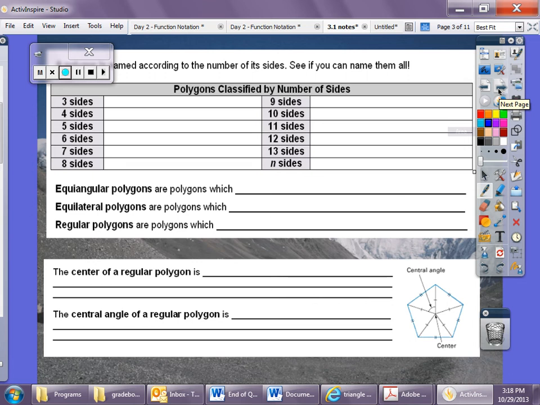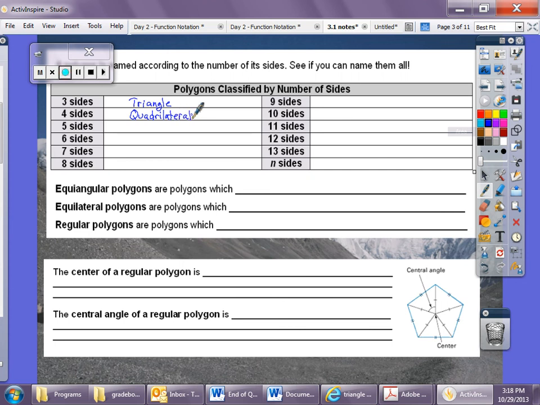Now, we have lots of different types. You know that if the figure has 3 sides, it's called a triangle. And we know that if this figure has 4 sides, it's called a quadrilateral. It's not a square, it's not a rectangle, it's called a quadrilateral.